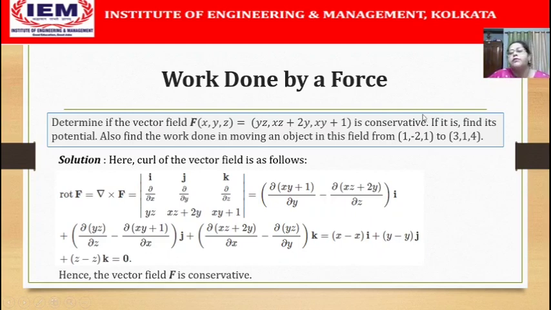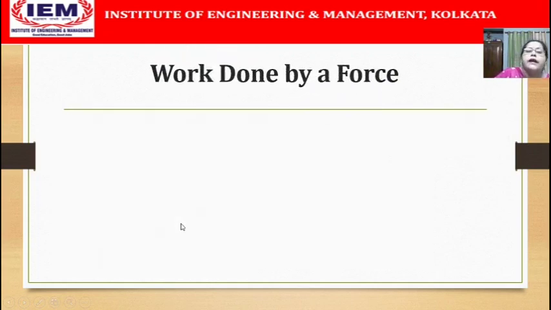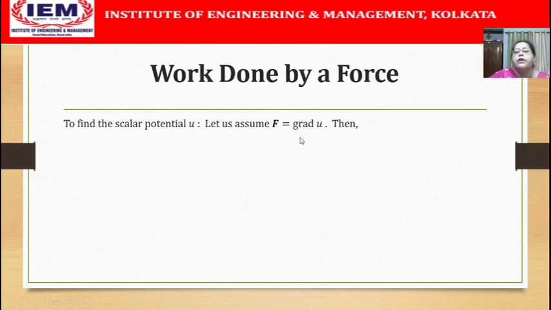So the next part of the question is that if the field is conservative, we need to find the potential. Now we know that if the vector field is conservative, then there exists some scalar function u such that F equals grad u.